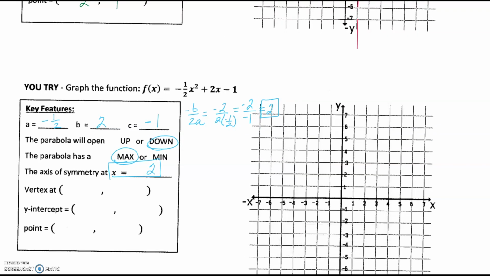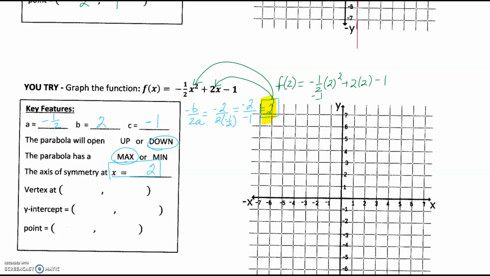The vertex. We get the vertex by taking 2, and we're going to plug it in everywhere there is an x. So I'm going to rewrite this function as f of 2 equals negative 1/2 times 2 squared plus 2 times 2 minus 1. I have to square 2 before I take half of that.